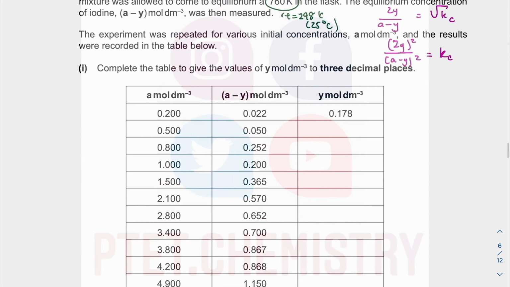What do we want? We want y in mole per dm cube to 3 decimal places. If you know A minus y, how can you get y?